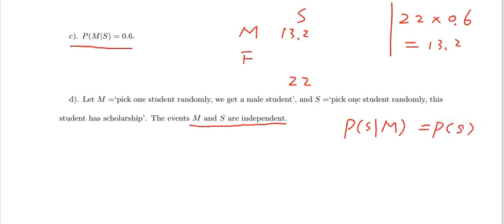If they're equal, then this means M and A are independent. Okay, so this is a definition. And also from here we can get this result. In general, if A and B are independent, then we have this result: P(A and B) equals P(A) times P(B).